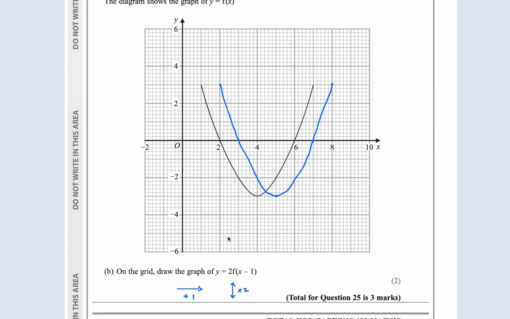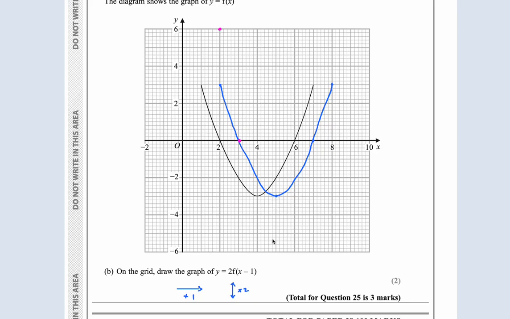That's half the answer. Now I need to stretch it by scale factor 2, vertically stretch it. So I get all the y coordinates. This guy's y coordinate is 3, I double it to 6. This guy's y coordinate is 0, 2 times 0 is also 0. This guy is at -3.